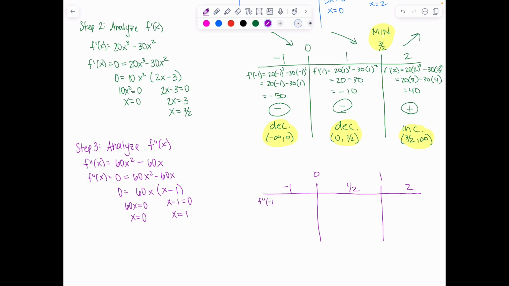F double prime of negative 1 will be 60 times negative 1 squared minus 60 times negative 1. 60 plus 60, positive 120, concave up.